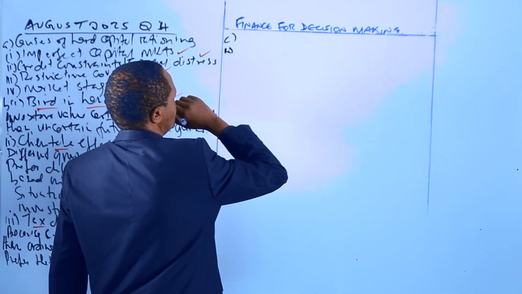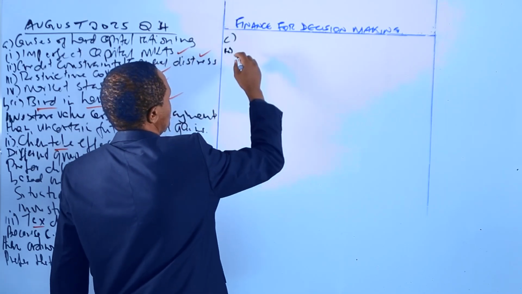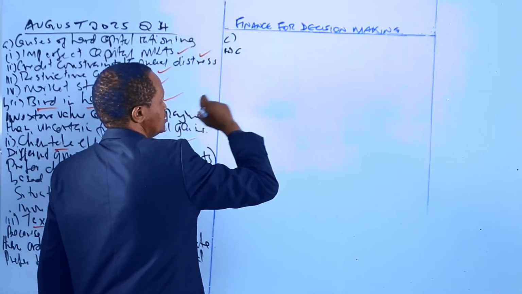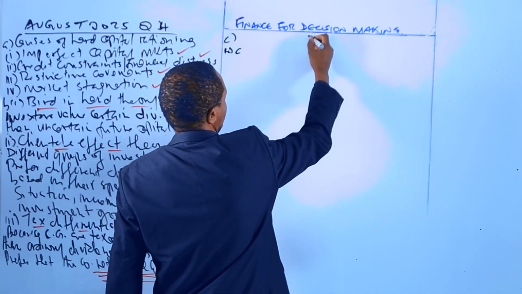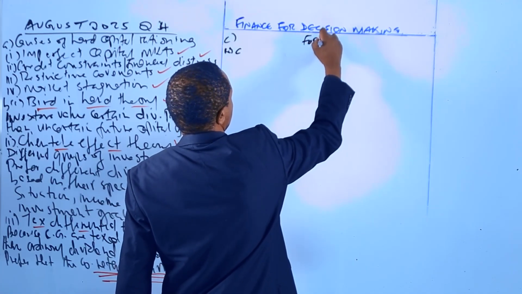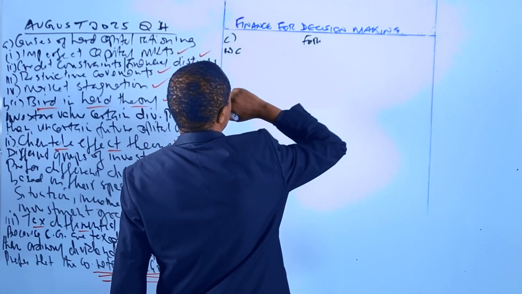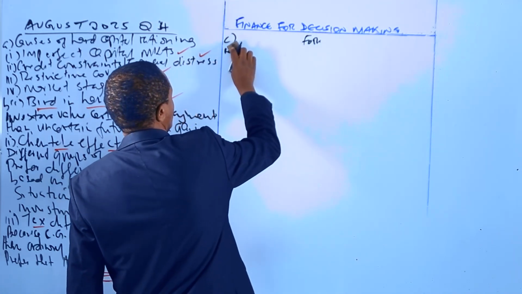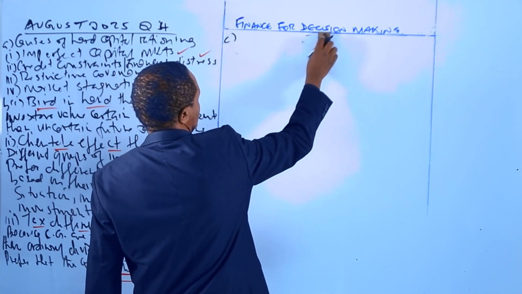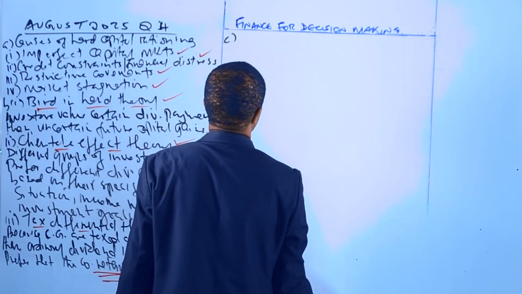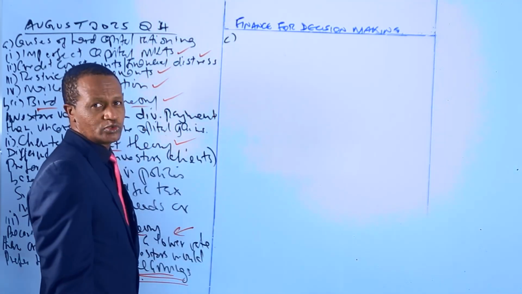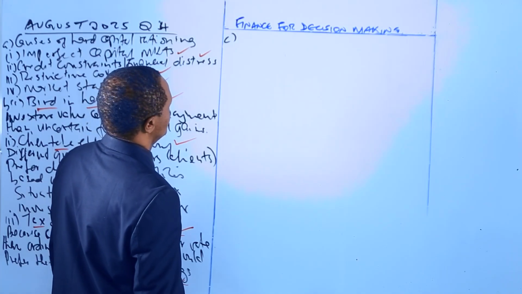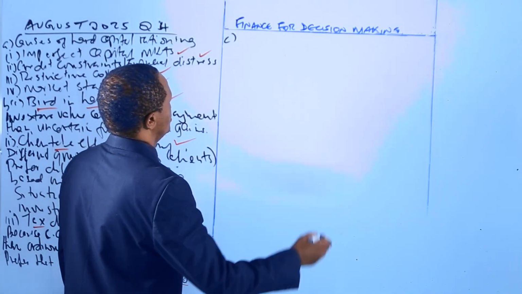So we can have this in a table, with the formula there. There are two ways of answering this. Instead of just answering it straight away, you can have this solution in the form of a table.